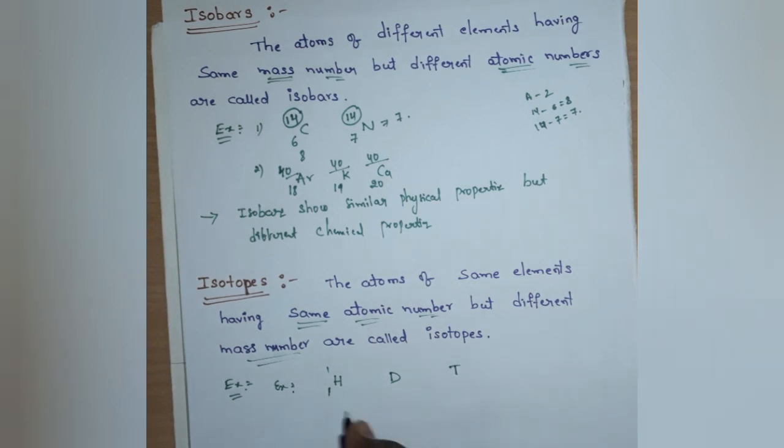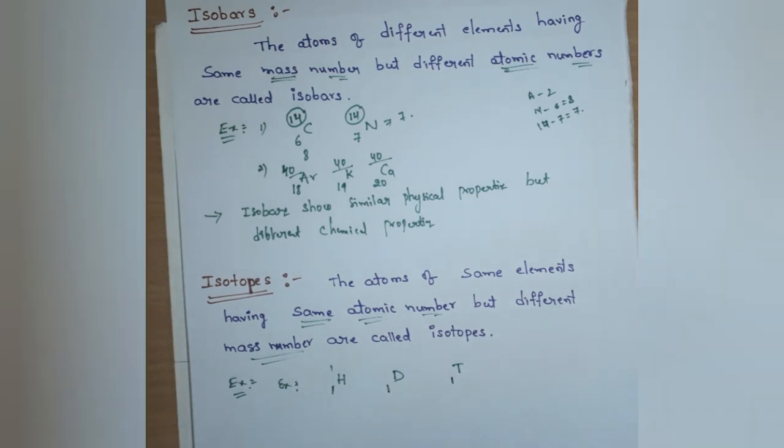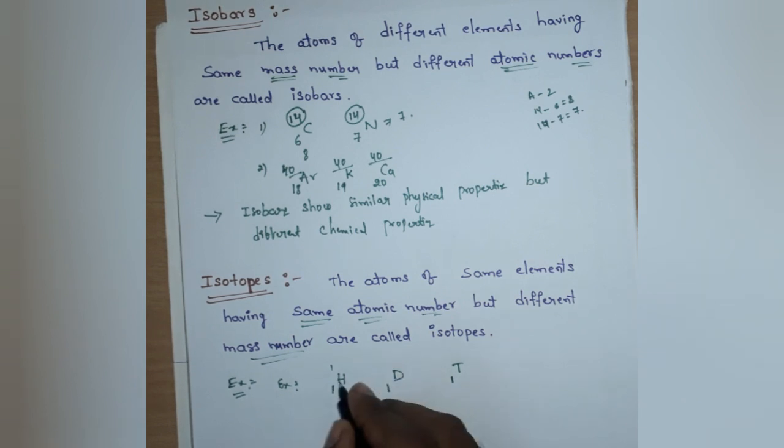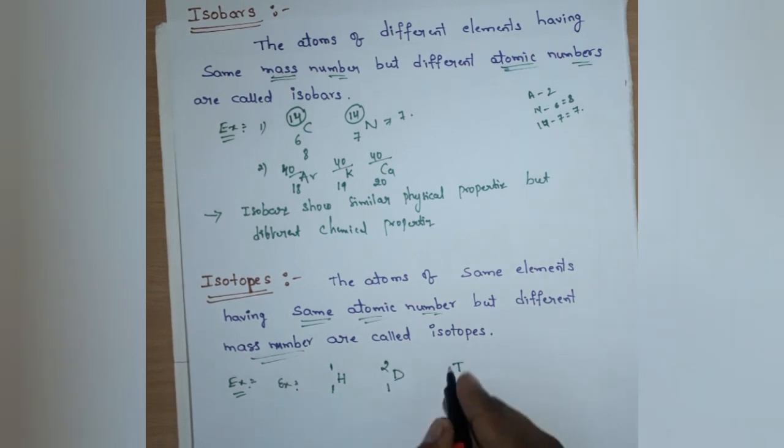These three isotopes have the same atomic number but different mass numbers. The hydrogen isotope mass number is 1, the deuterium isotope mass number is 2, and the tritium isotope mass number is 3.